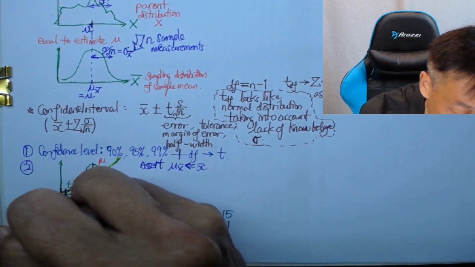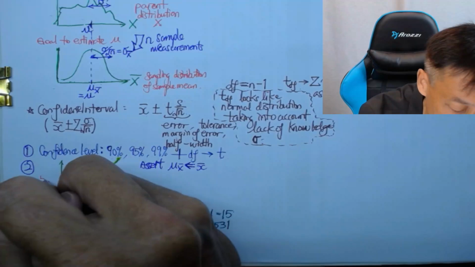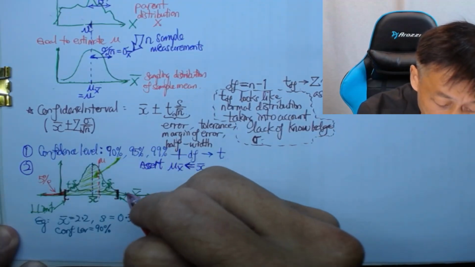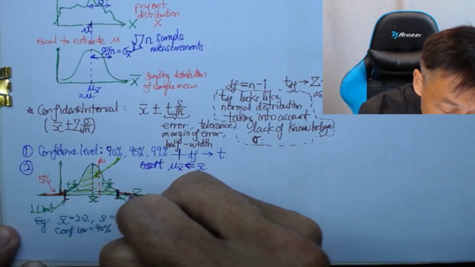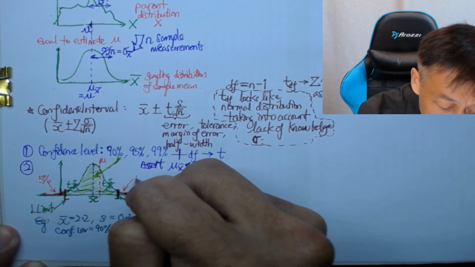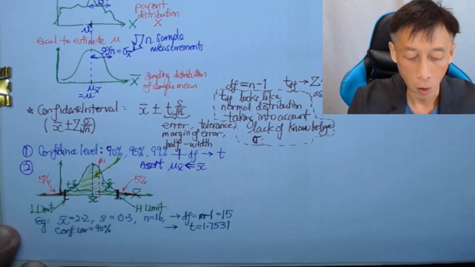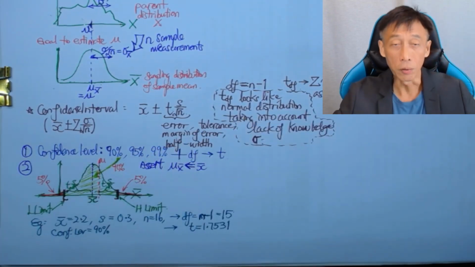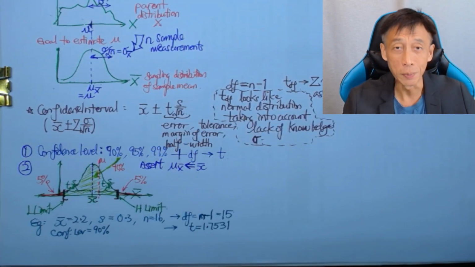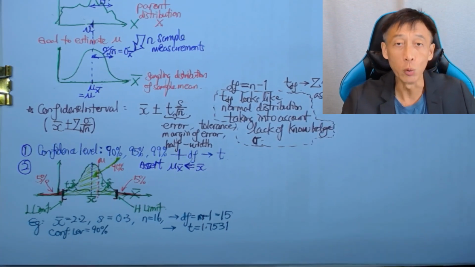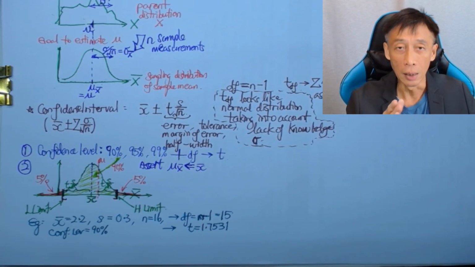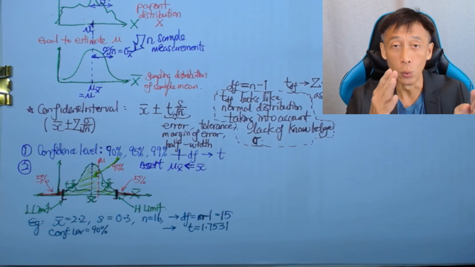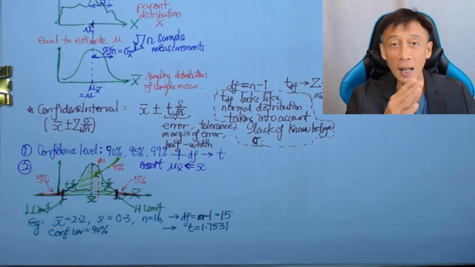Therefore, 5% of the tail is here, and 5% of the tail is here. It will never be asymmetrical for a confidence interval, because we don't know the value of mu, so we need to be unbiased. So it will be 5% left, 5% right.